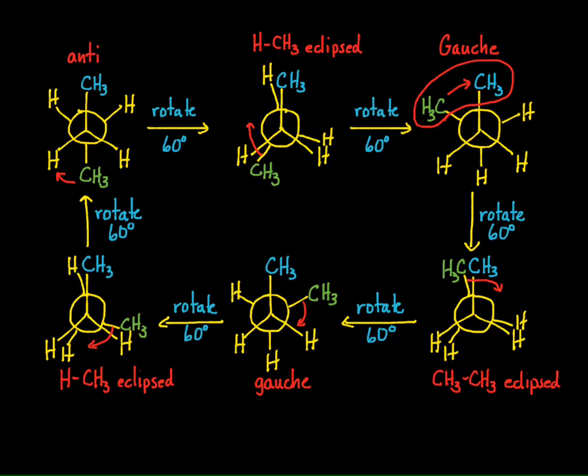Notice I can rotate one more time and I get back to my original staggered anti-conformation, and then the thing's going to go round and round again, right? So this is what we're talking about, and now we have various eclipse and staggered conformations that don't have the same energy associated with them.